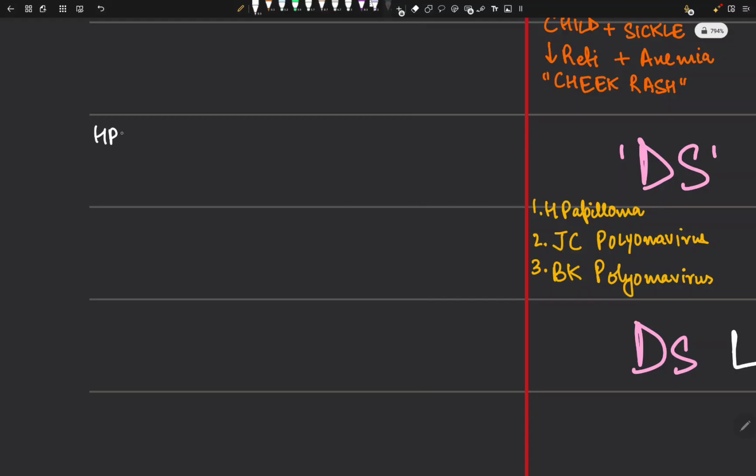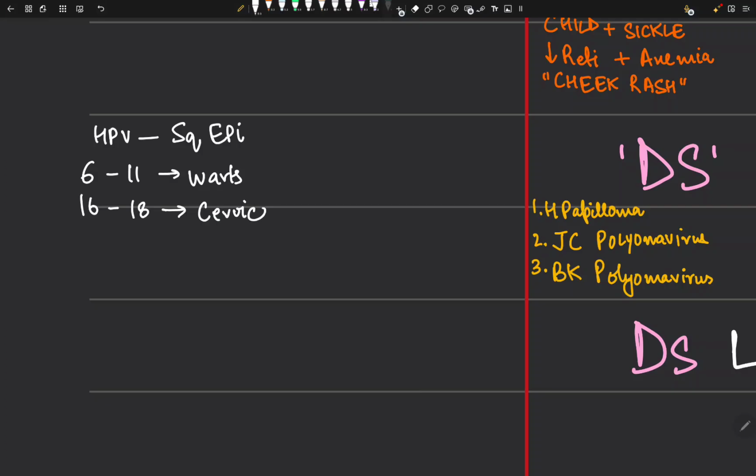Now, strains 6 to 11 cause warts. 16 to 18 are gonna be cervical cancer. And 31, 33, and 45 are also cancer associated. So just remember that 6 to 11 is warts, 16 to 18 is cervical cancer.